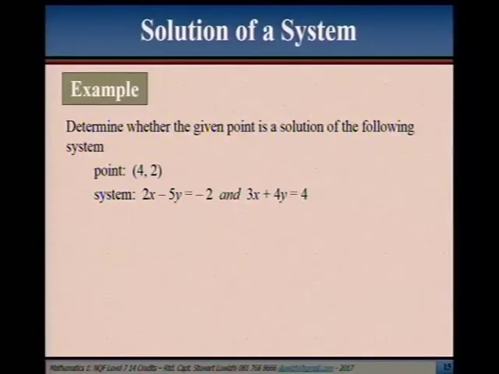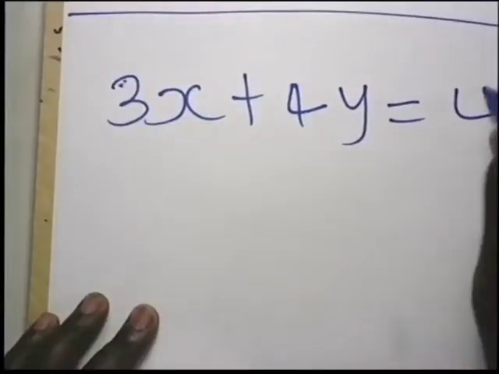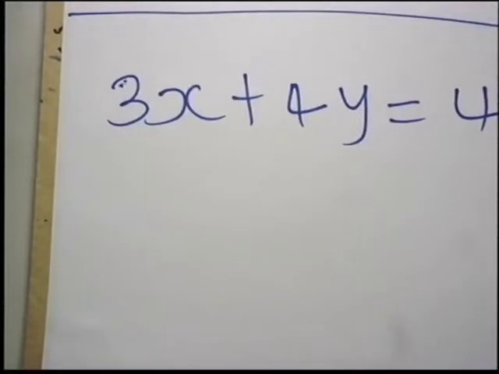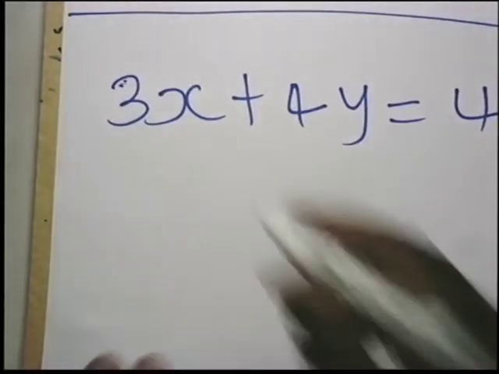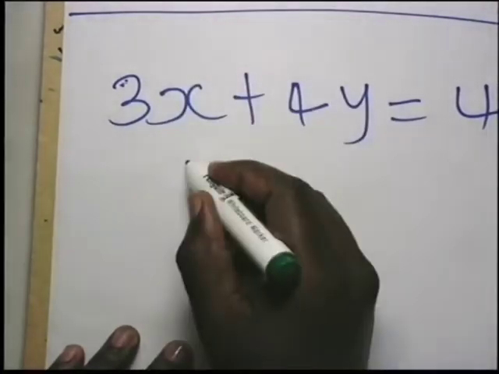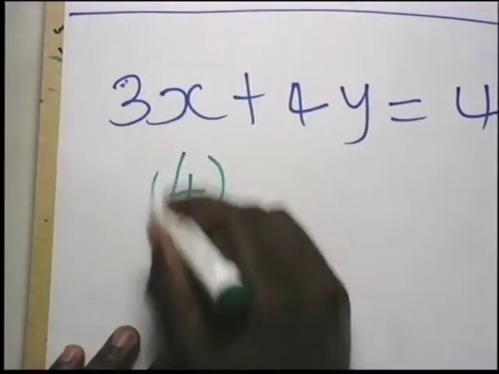If we look at the second one, we want to find whether 3x plus 4y equals 4. We know again our point, x is 4. So wherever there is an x, we are going to put 4.